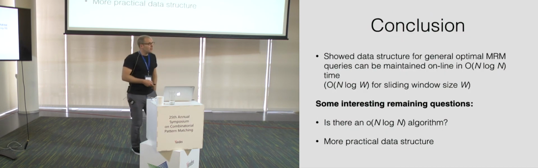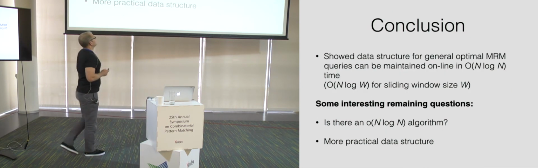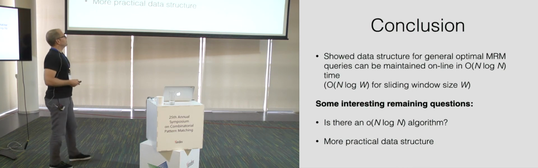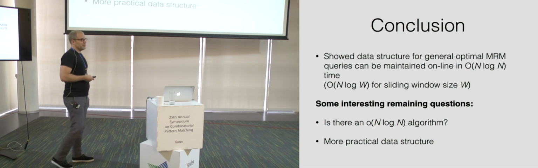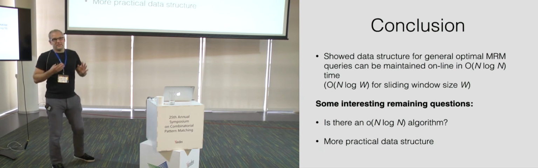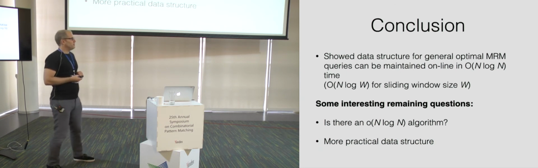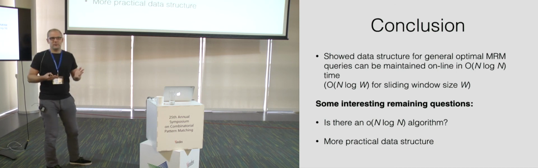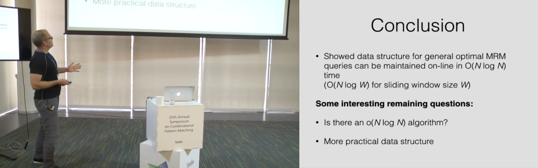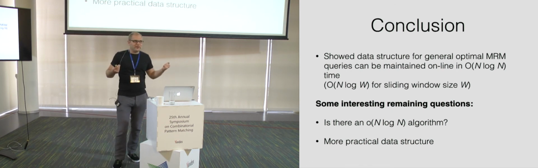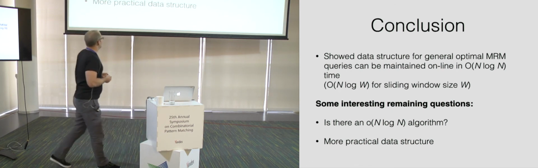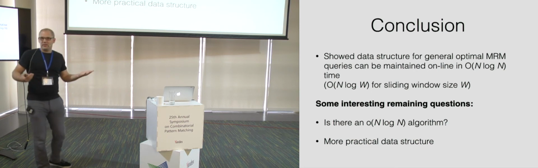Okay, so we've shown that you can do this for arbitrary strings in an online suffix tree with a logarithmic factor, which is nice, but if you compare this to what I set out to do, it's actually a bit of a failure because I wanted to do it in linear time, and also I would like to have a practical data structure for actually doing this.